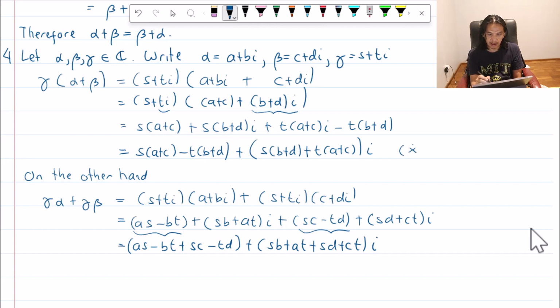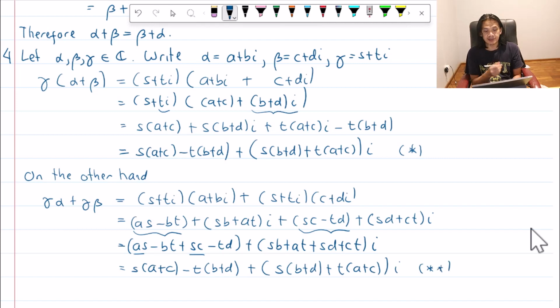So can we do that? Yes. So for example, this and that, we can factor out the s as a plus c, and then minus t times b plus d, and then here we have factored out the s, b plus d, plus t times a plus c, i.